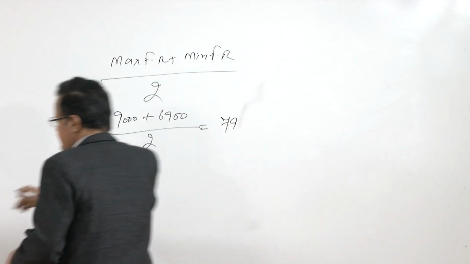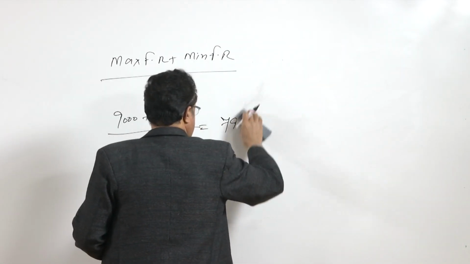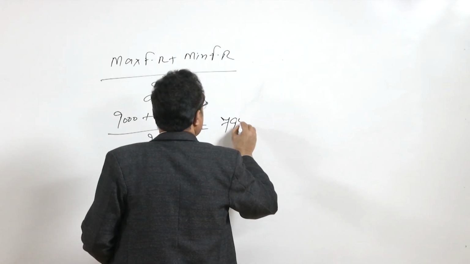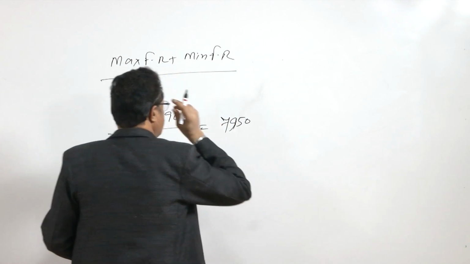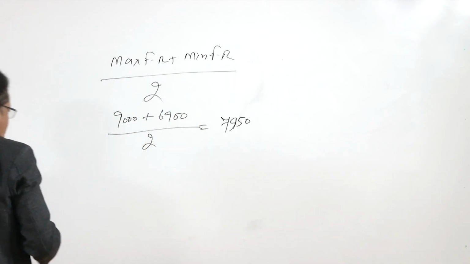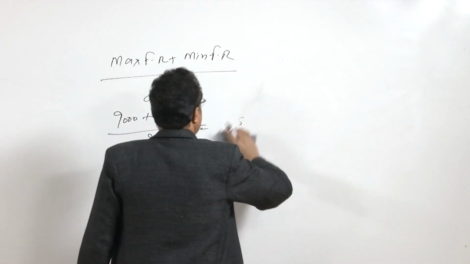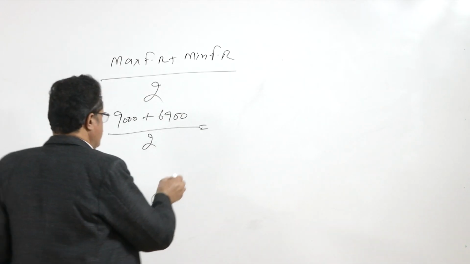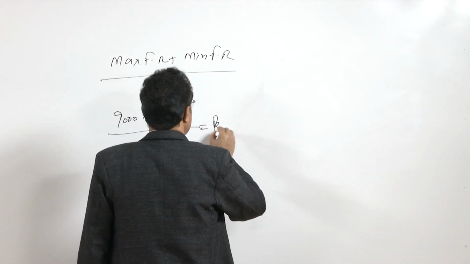We have worked out here 7950. This is 7950. So if it is 7950, which is a little more than the matching approach, hedging approach, and less than the conservative approach.